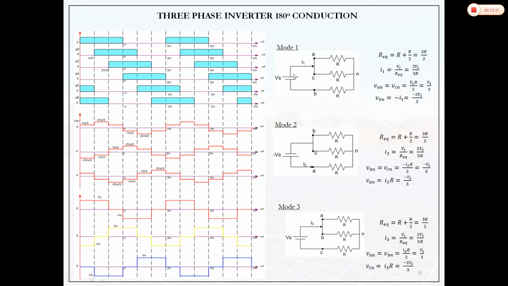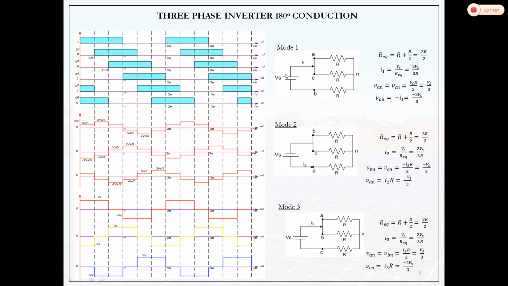First we can find the current that is flowing from the source voltage. R equivalent in this case: these two resistances are in parallel, so R and R in parallel will become R by 2. Then it comes in series with this R, so R by 2 plus R, 3R by 2, will be the equivalent resistance seen by this voltage source.